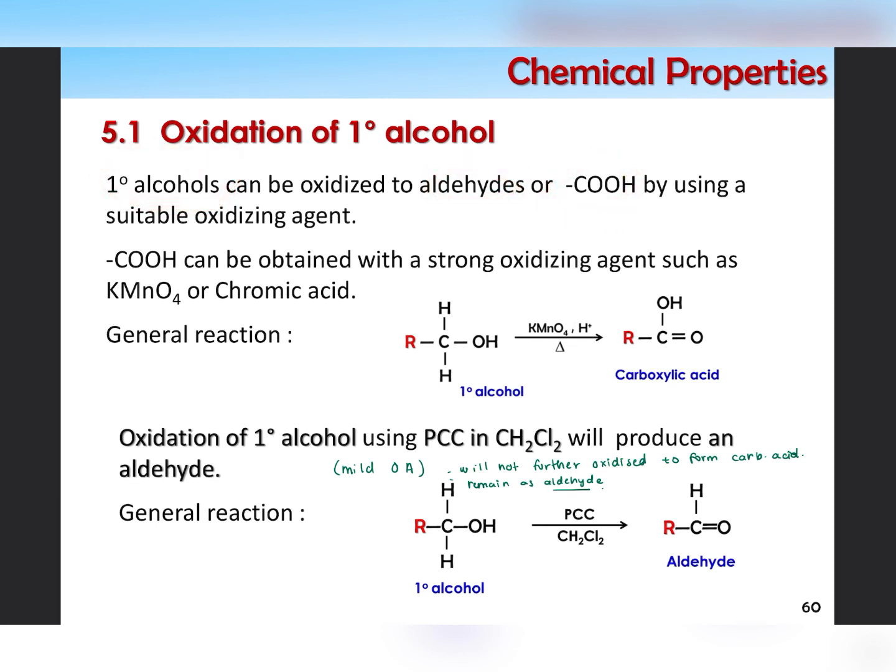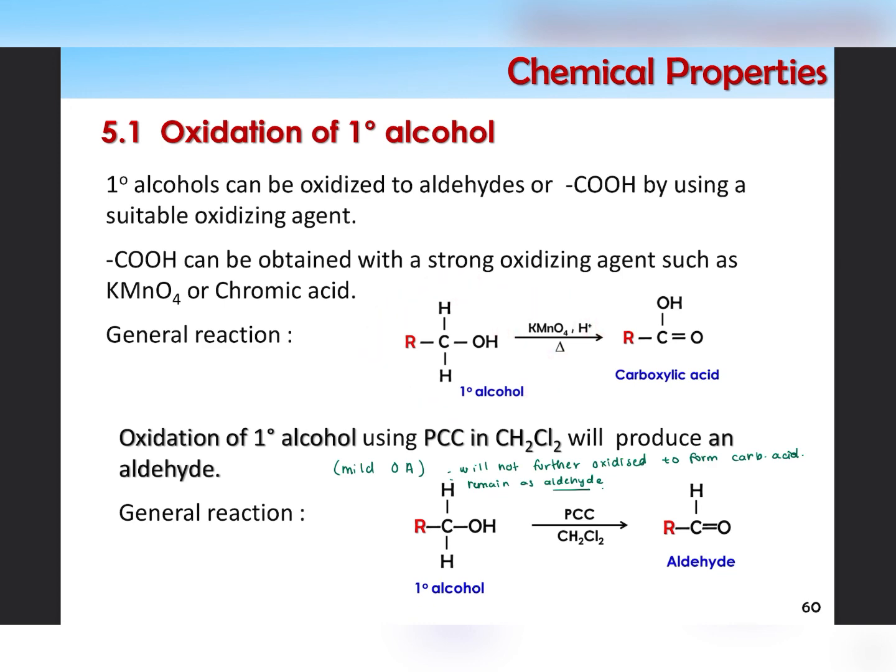So, for the first one, if you want to form carboxylic acid, you mesti guna strong oxidizing agent such as KMnO4 ataupun chromic acid. So, the general reaction will be primary alcohol react with strong oxidizing agent.